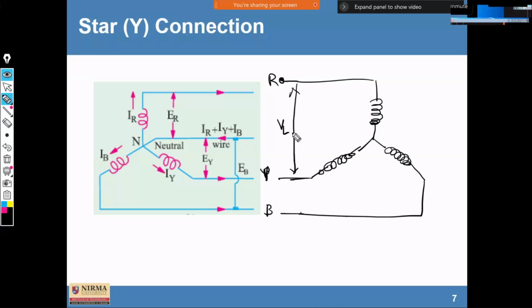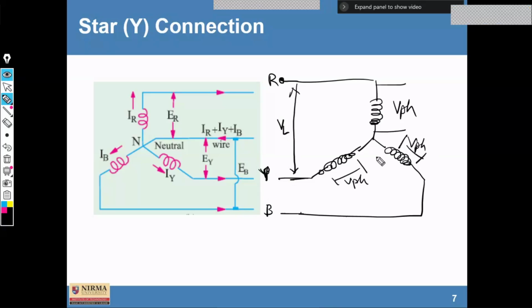I will abbreviate it as VL right now. And what is the voltage across this? That is VPH. Across this is also VPH. We can name them differently, right? And across the different lines, there are different line voltages. So there is always a difference between line voltage and phase voltage.